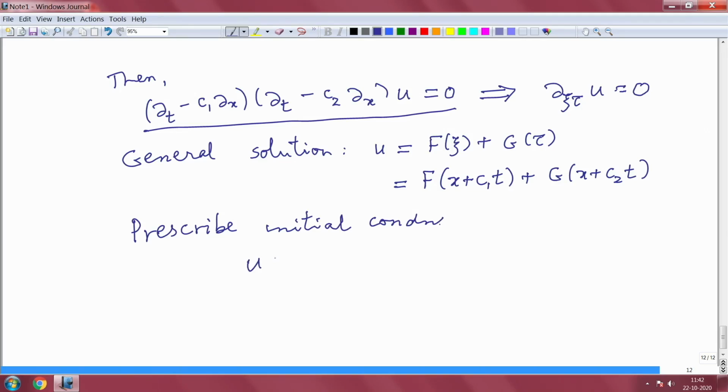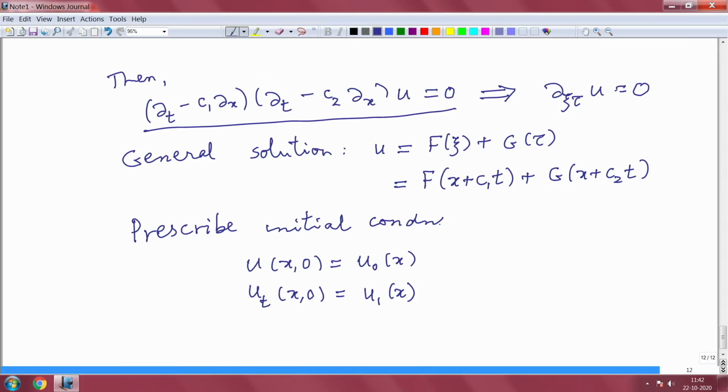Okay. So, again if we prescribe initial conditions, u(x,0) equal to u0(x) and u_t(x,0) equal to u1(x), now you plug in these initial conditions in this general formula and determine f and g.